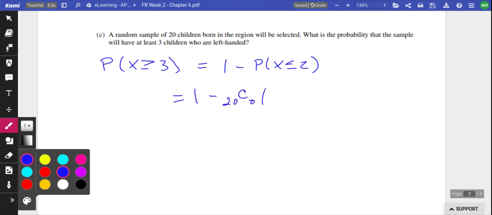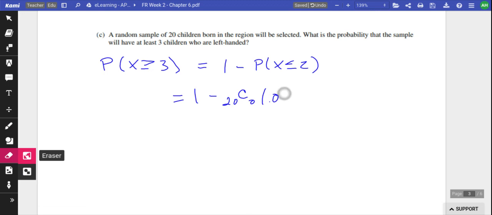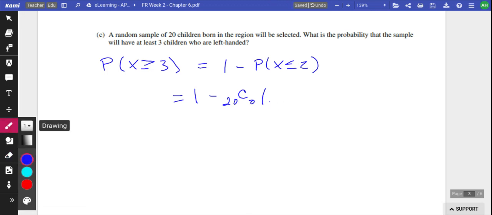And that's going to be times point, so again, what's the probability of being left-handed? Probability of being left-handed is that 0.1385 number. And we've got 0 of those times the probability of not being left-handed, which is also known as being right-handed.